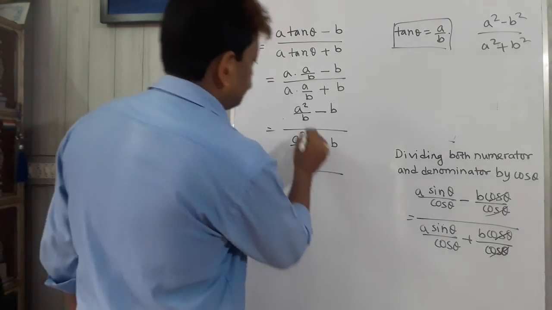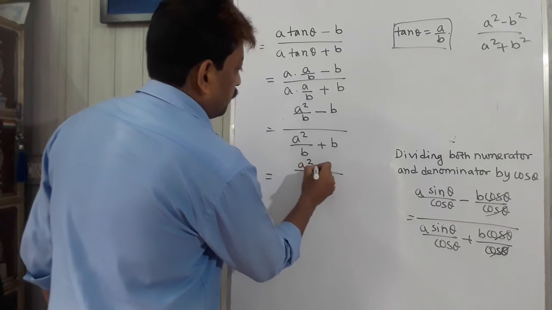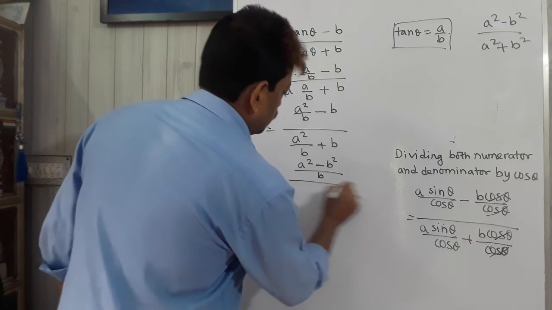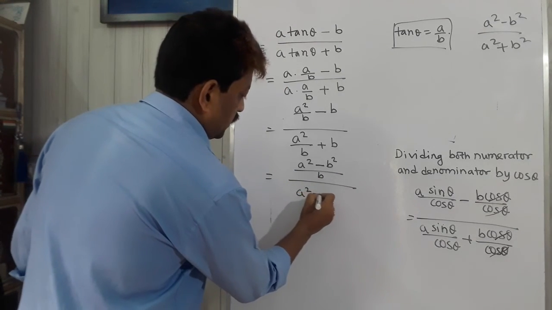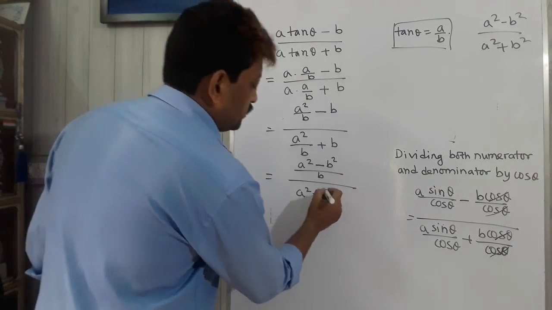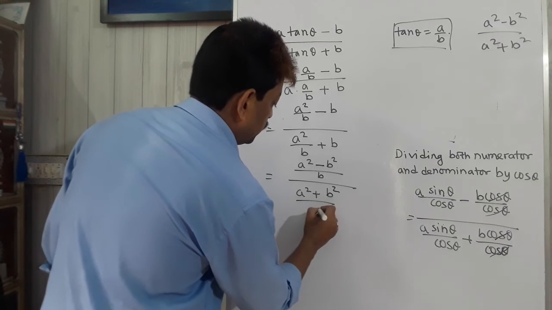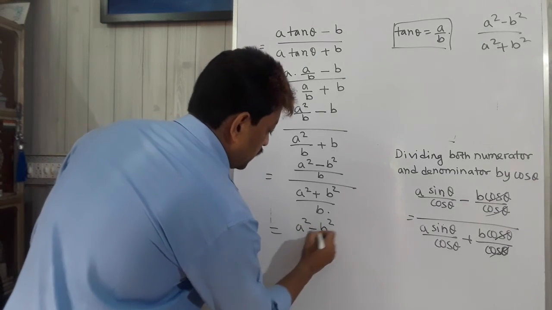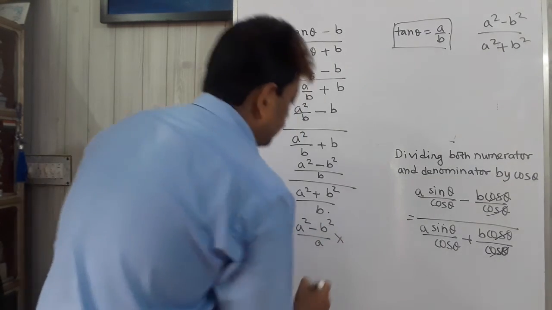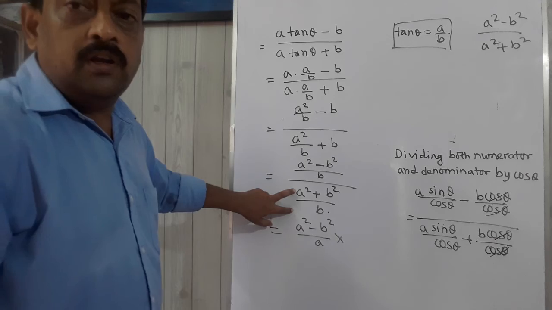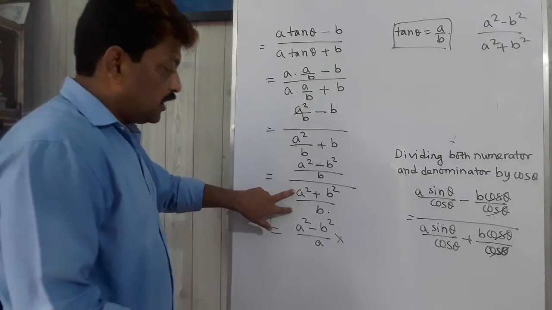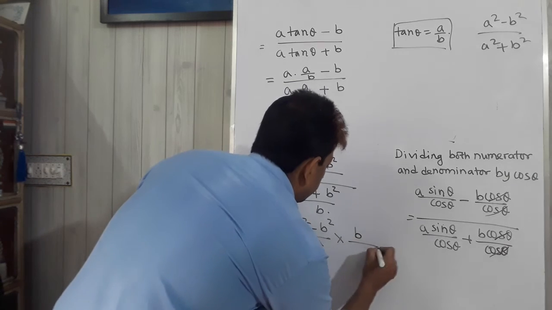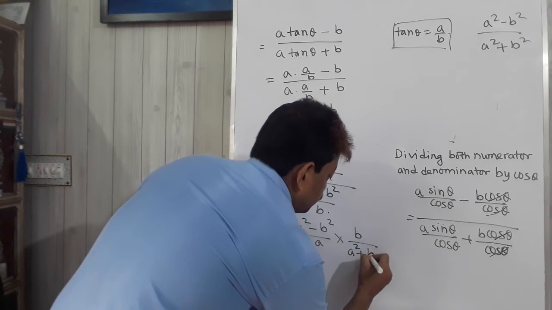So by LCM it will be a square minus b into b is b square upon b, whole divided by a square plus b multiplied by b is b square upon b. So it will be a square minus b square upon b multiplied with, so this will become reciprocal. This a square plus b square upon b will become reciprocal, so it will be b upon a square plus b square.